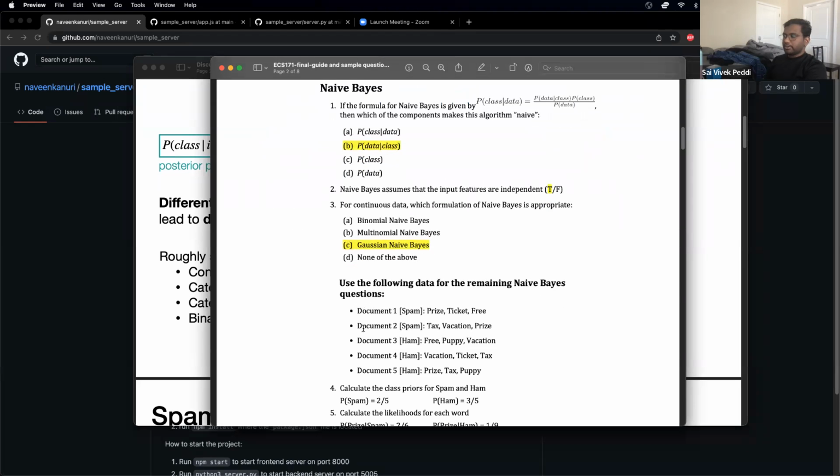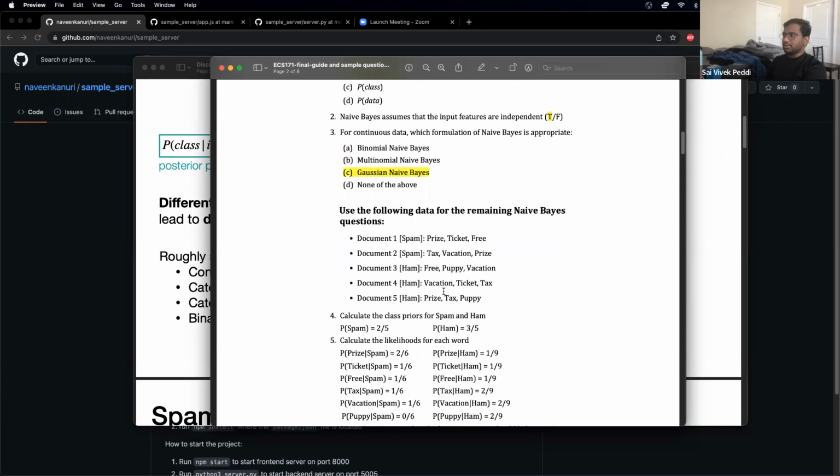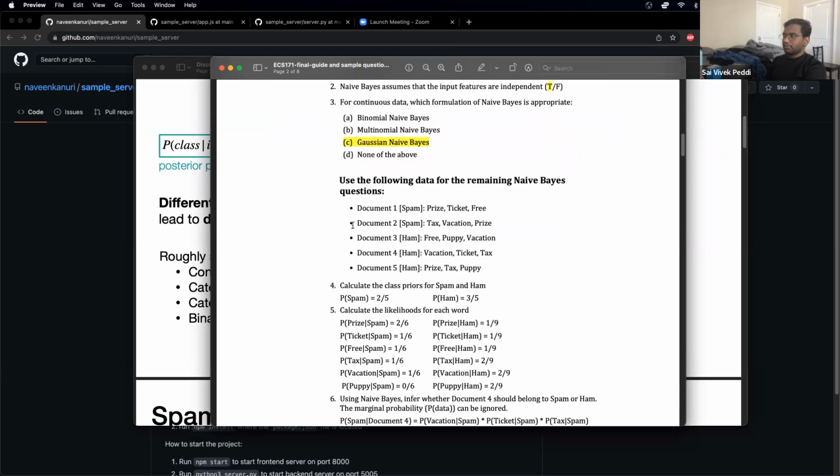Now, coming to the next question: use the following data for the remaining naive Bayes questions. Here we have 5 documents, which are text documents, and each is classified as spam or ham. Documents 1 and 2 are spam, and documents 3, 4, 5 are ham.